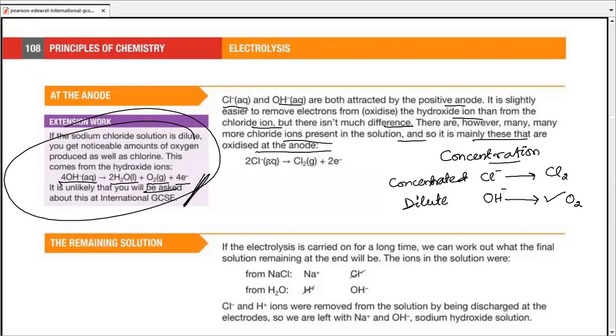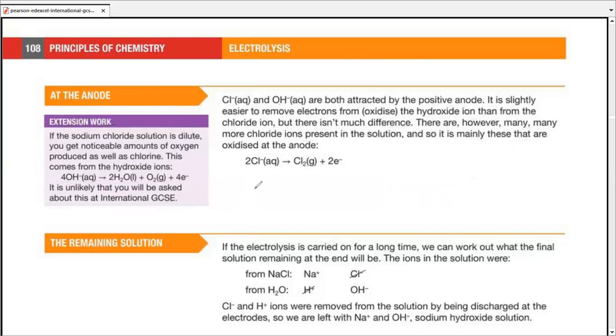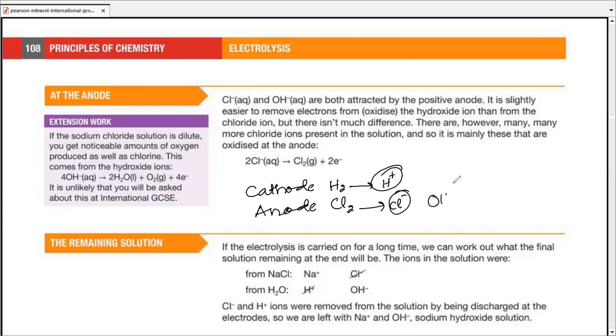So let's say that we were successfully able to form hydrogen gas at the cathode, and at the anode we were successful in forming chlorine gas, which means we made it out of these ions and we made it out of these ions. Remember, we had these ions and these ions in the system as well.